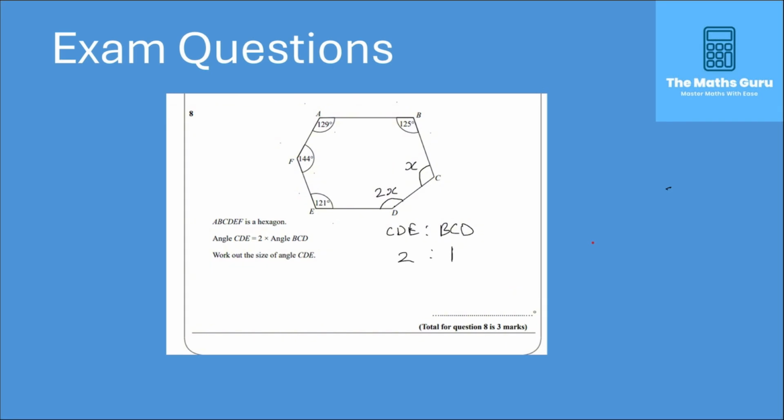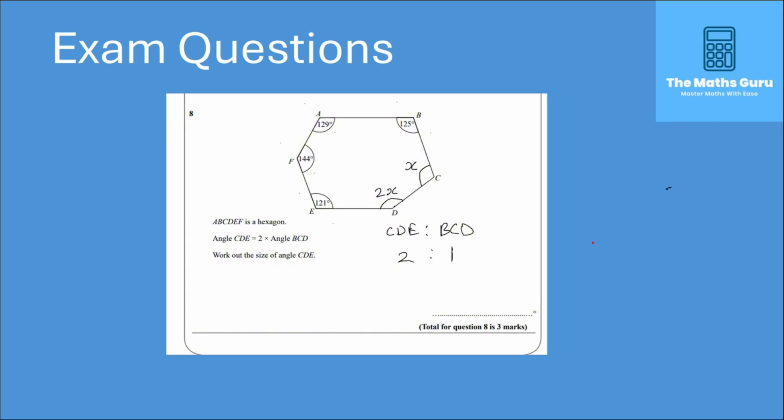So we can form a ratio where the angle BCD, you need 2 of them to match. Hence, we can write the ratio as 2x to x.